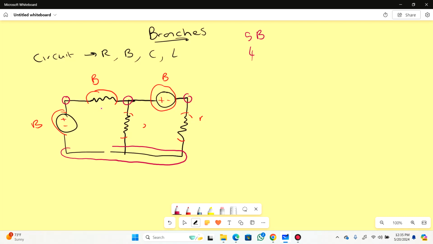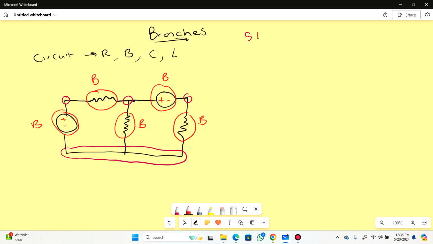This point here is closed, a path that is closed, so this is a loop here. This here again is a closed path. It begins and ends at the same node, so again we have a loop, and basically we have this one big loop here. So here we have 3 loops.